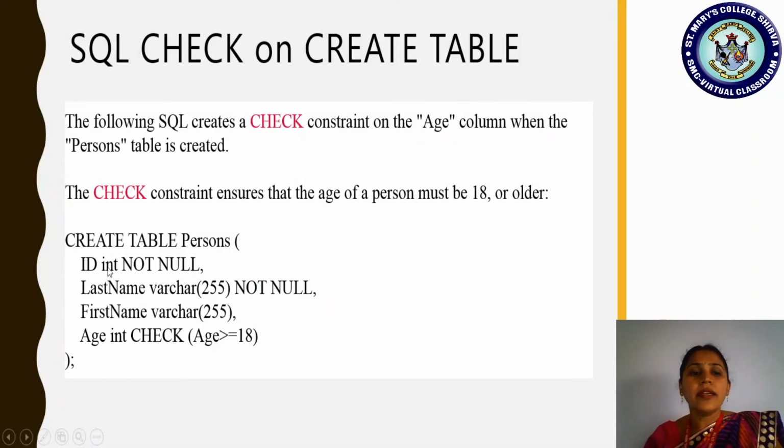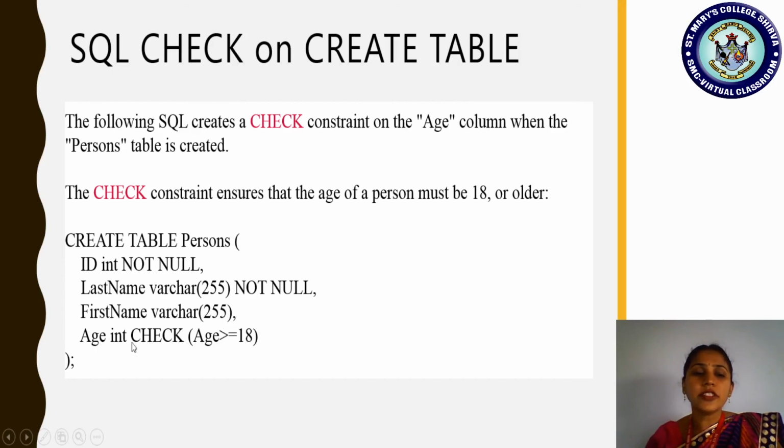Okay, and ID is what? Entering the person ID is also necessary. It should not be left empty. That is why you are specifying not null. Then first name varchar 255. If the first name is not applicable for any of the persons, then it can be left empty. Okay, then age is an attribute.